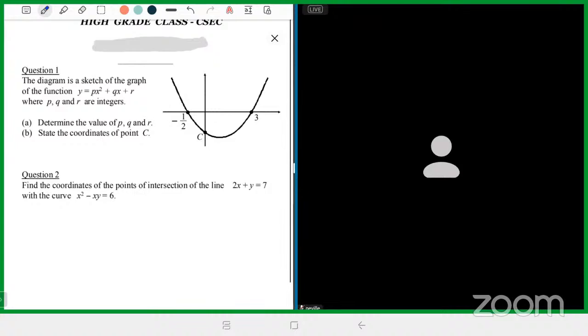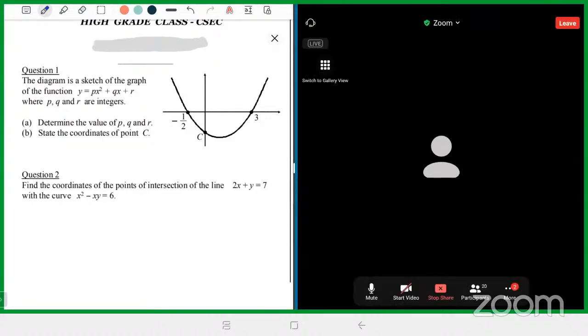All right, I'm going to start at 11:05. What time is it now? 11:04.